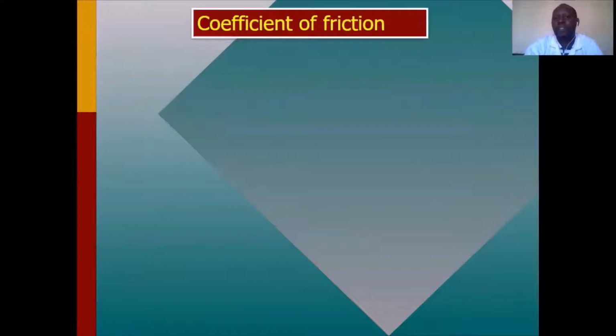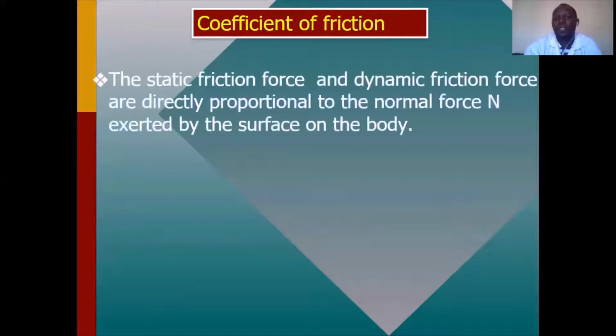The coefficient of friction. Coefficient of friction is the level of the friction of a given surface. So these coefficients depend on two forces, the friction force and the normal force. Both static friction and kinetic friction forces are directly proportional to the normal force exerted by the surface on the object.